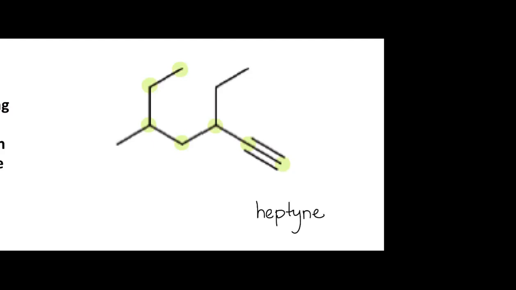Now, remember, we have to start from the end that contains the carbon-carbon triple bond. So we have to go 1, 2, 3, 4, 5, 6, 7. So I have to get the location of my first carbon in my alkyne, which is a 1. And here I have 2 substituents.